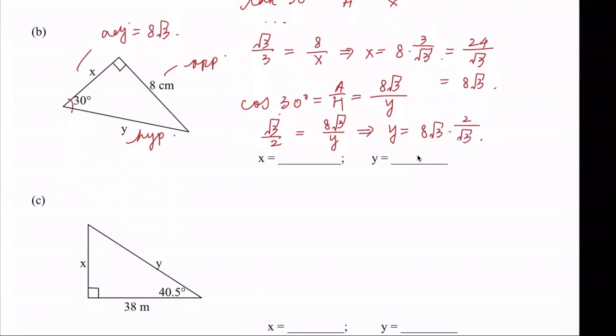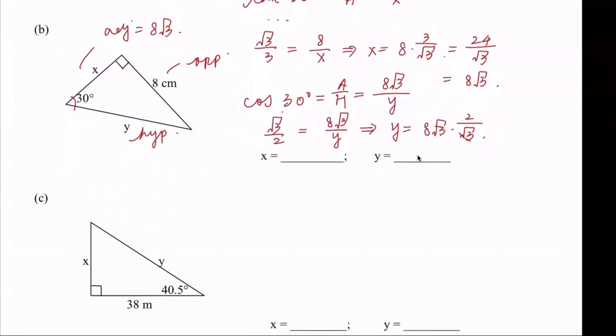Right? So this square root of 3 cancelled out, it will be 2 times 8, which is 16. So Y is equal to 16. So here we found X is equal to 8 times square root of 3 and Y is equal to 16.